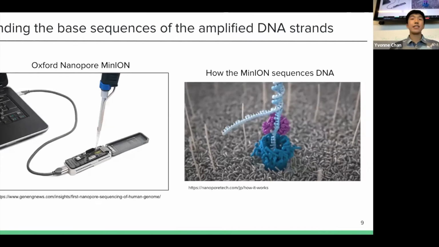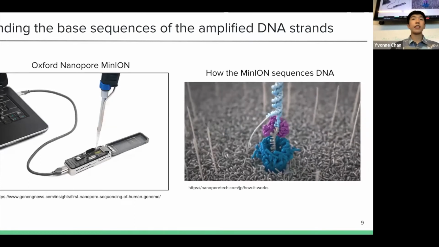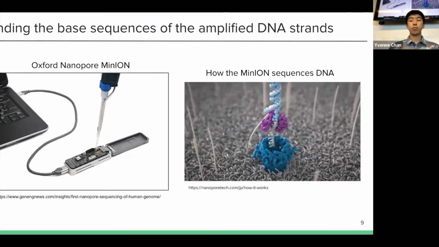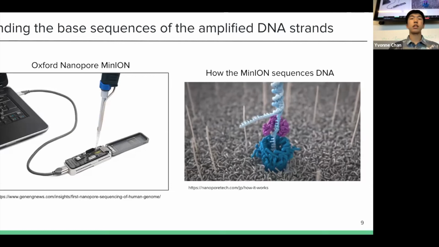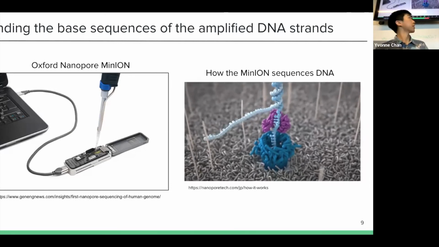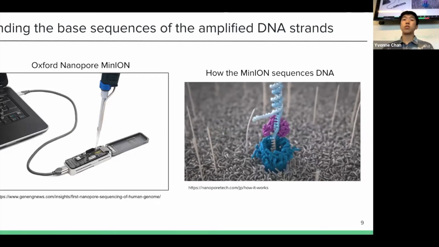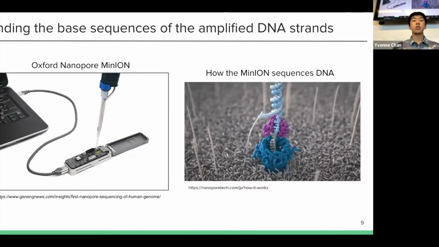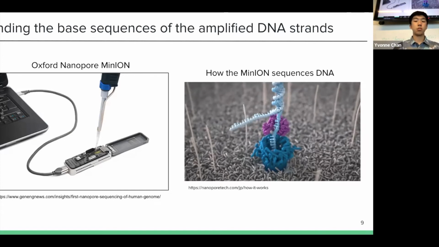Following that, next is the DNA sequencing step. First, a library prep stage occurred, where we prep the DNA solution to be ready to be sequenced. The small rectangle is the actual sequencer, the Oxford MinION, and that box is where we add the DNA and where sequencing occurs.